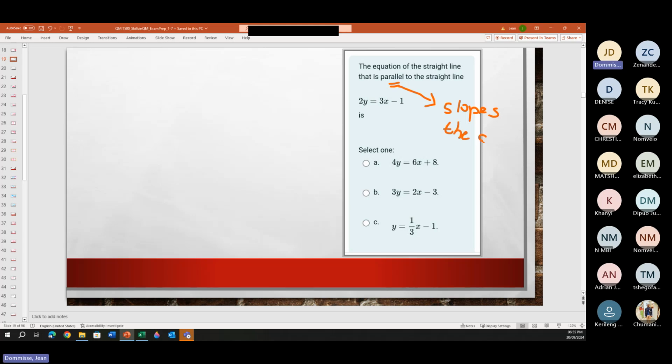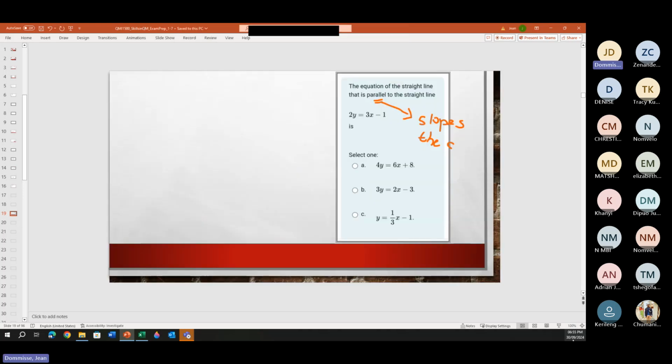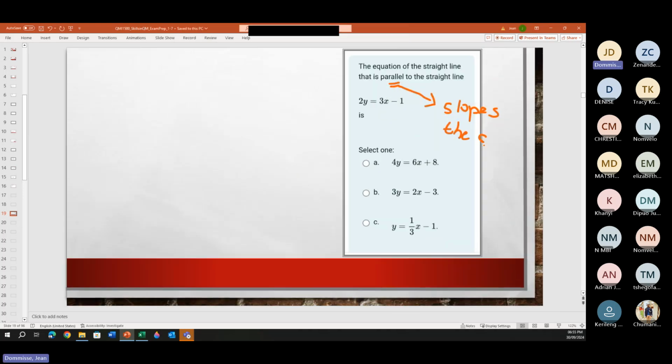When I see a question like this where they tell me we've got two lines parallel, the slopes must be the same. So it might not even be that they need to give you all the other information. So let's see what the slope is. And to get the slope, we need to get it in the simplest form as y is equal to.